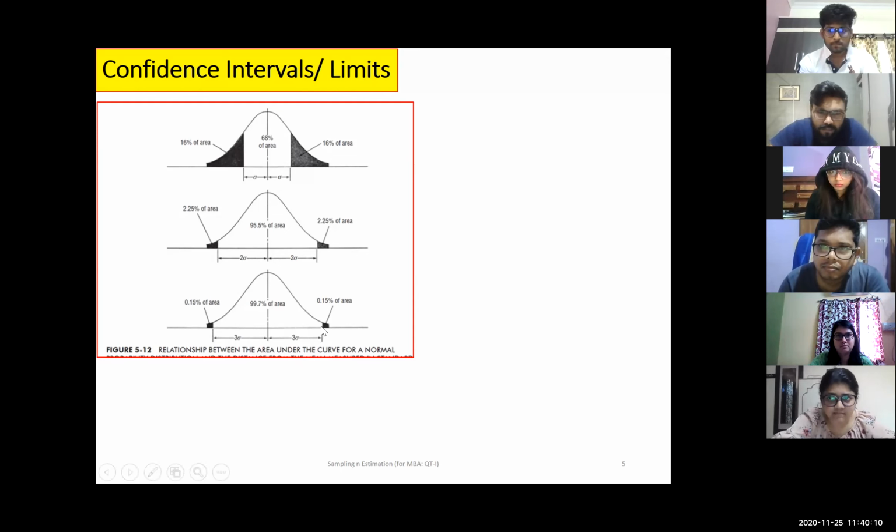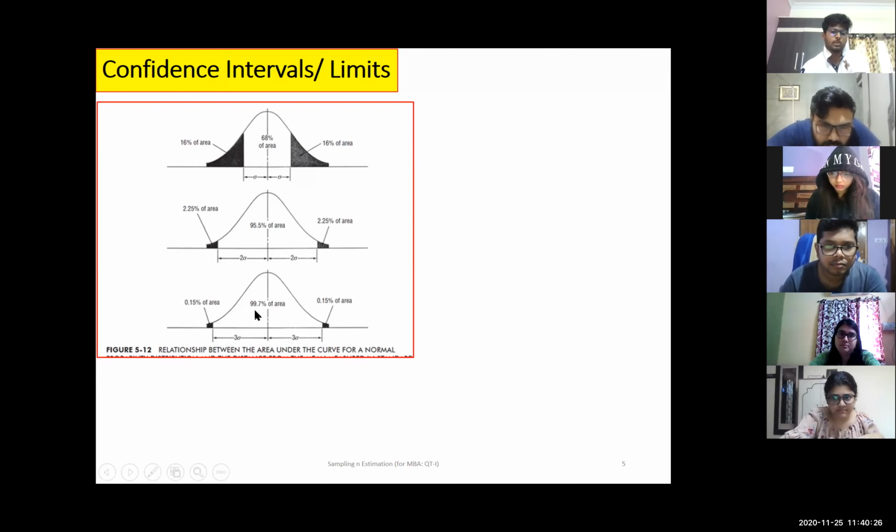Only 3. Minus 3 to plus 3. Here minus 2 to plus 2. Here minus 1 to plus 1. You have forgotten this in normal distribution.